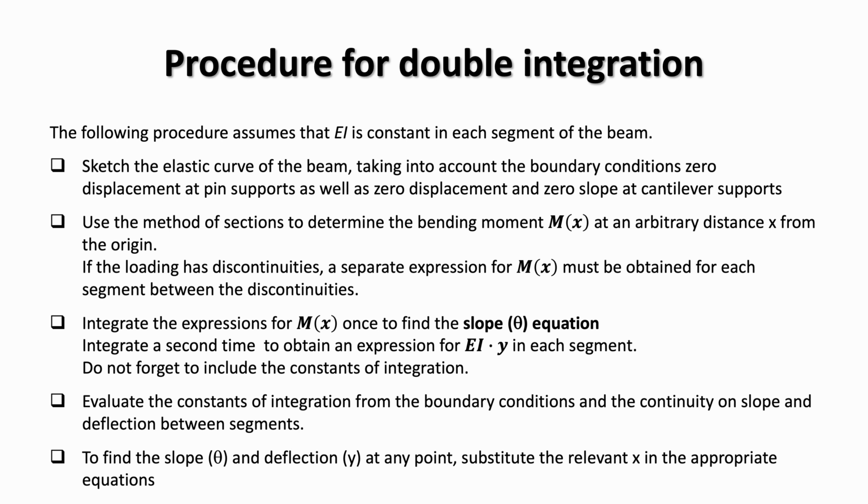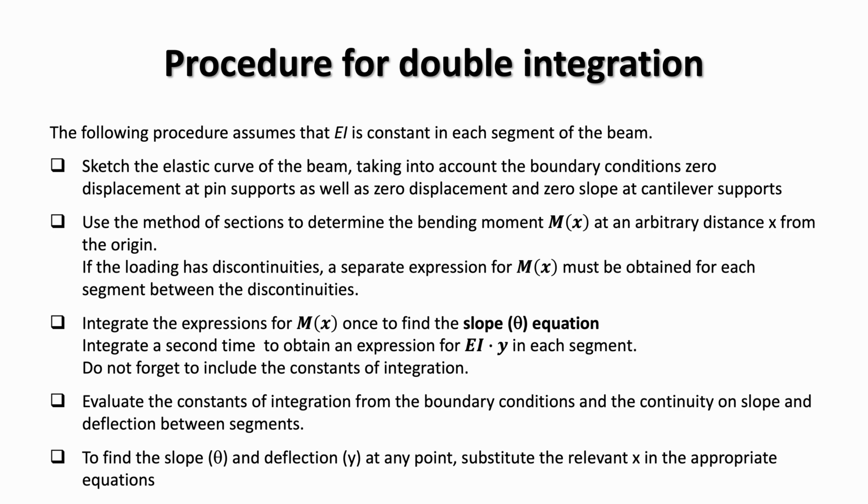We assume that EI is constant. We then sketch the expected elastic curve and recall the boundary conditions. In this case, zero slope and zero deflection at the fixed end. We next determine the bending moment expression, M(x). If loading is discontinuous, we need a separate expression for each region. We then integrate once to obtain the slope equation and integrate again to obtain the deflection equation.